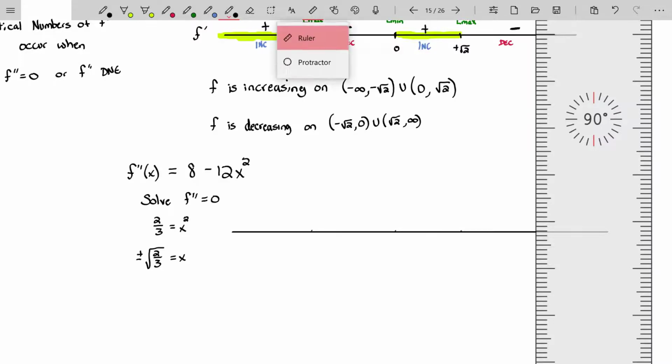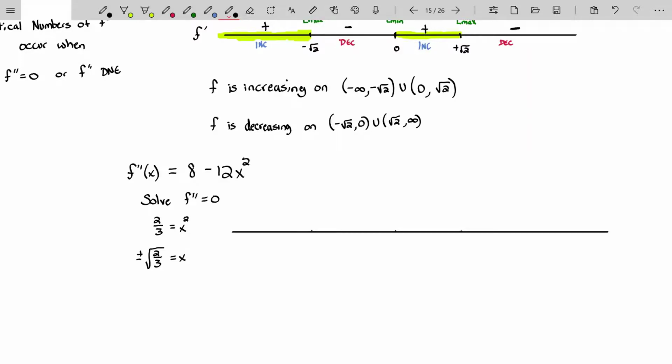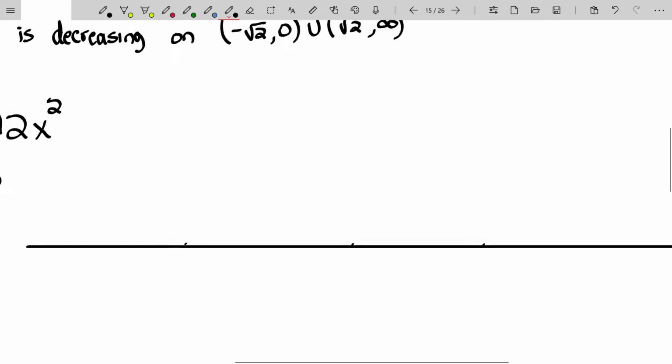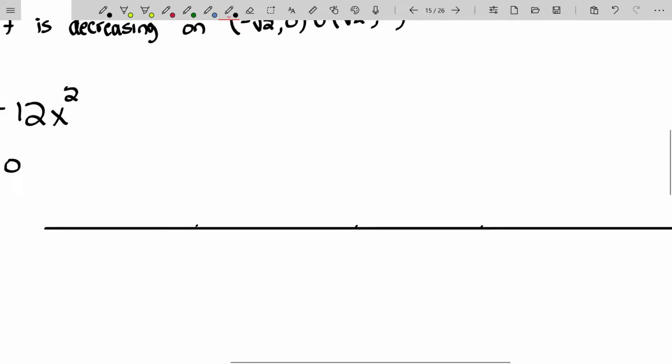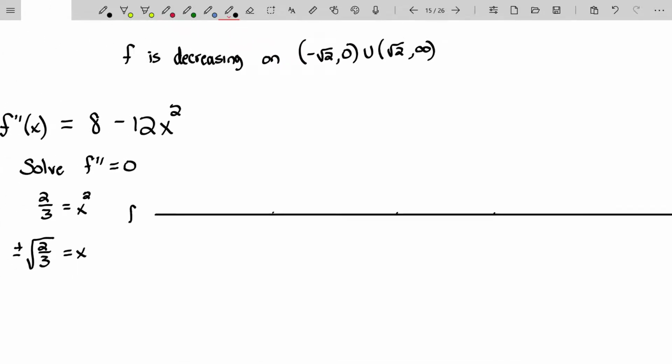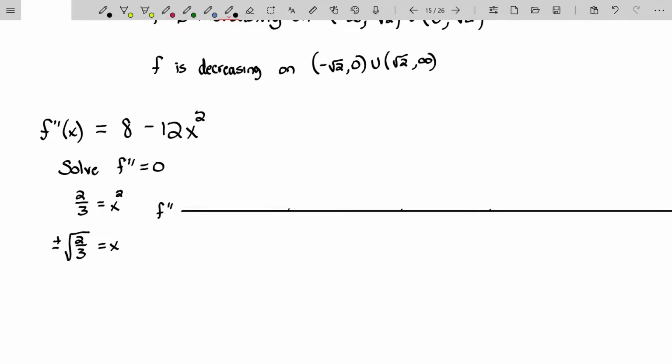Those little dots are not about f double prime. They're just my guidelines for placement. I'm going to plot the positive square root of 2/3 and the negative square root of 2/3, which will probably be right about here and here. Let me make that a better square root.